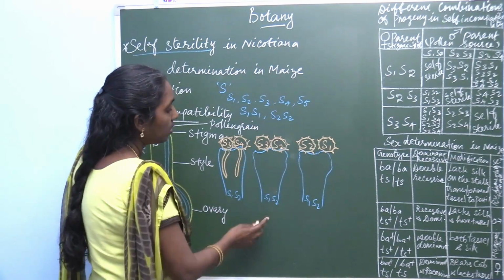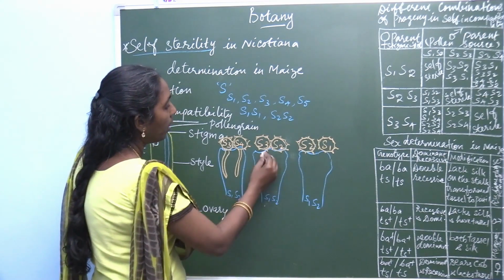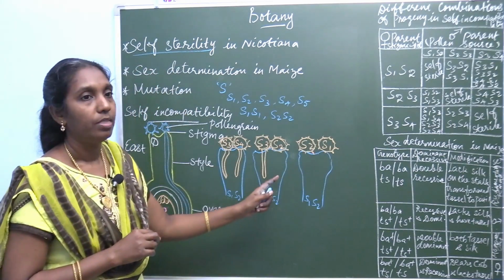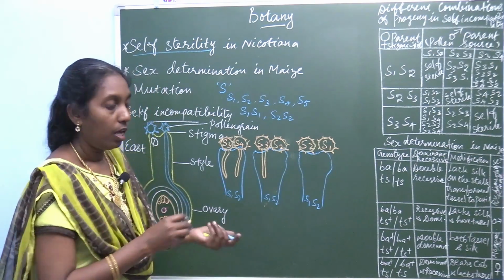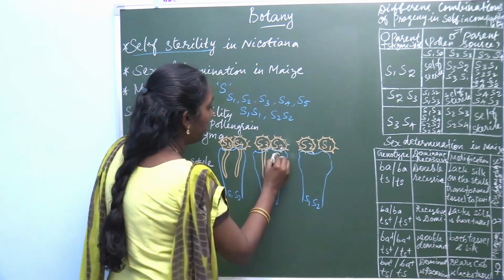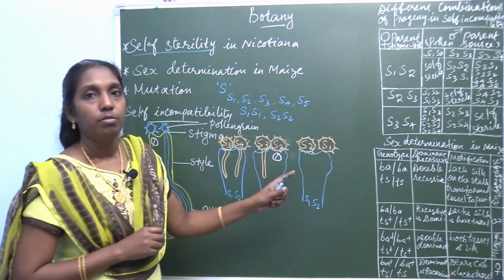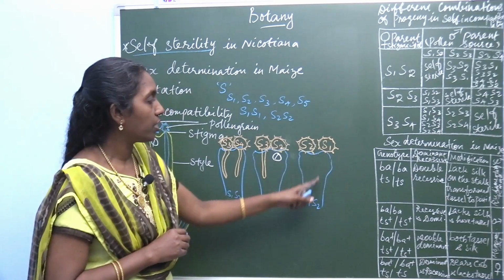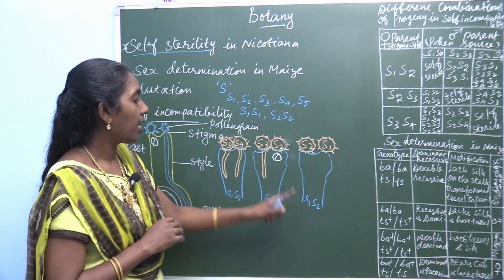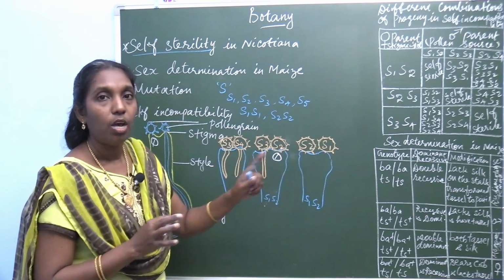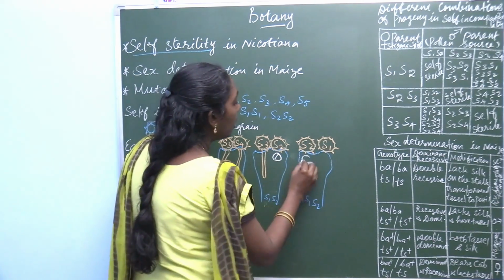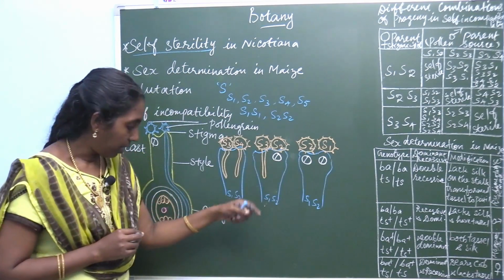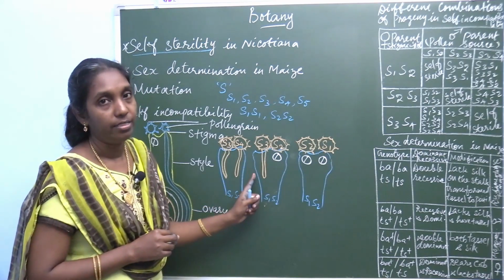Then look at this: S1 S3 starts to germinate, but S2 does not germinate. Then here S1 S2: both homozygous, in this condition it never germinates. The pollen tube never develops, or the pollen grain does not germinate.